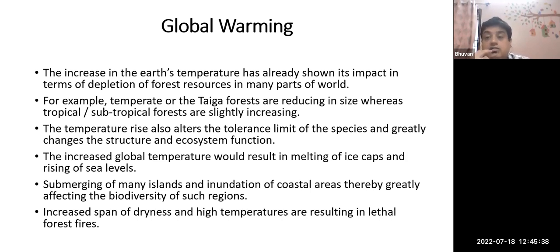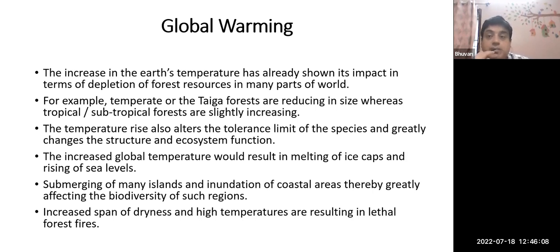Similarly, forest fires are rampaging through large tracts of Spain and Portugal, and it is all thanks to global warming and increasing dryness of the air. In India also, this summer in Delhi, we have observed a temperature of 49 degrees centigrade, which is an all-time high record. And this time also we are observing very catastrophic floods, especially in the states of Gujarat and Maharashtra.